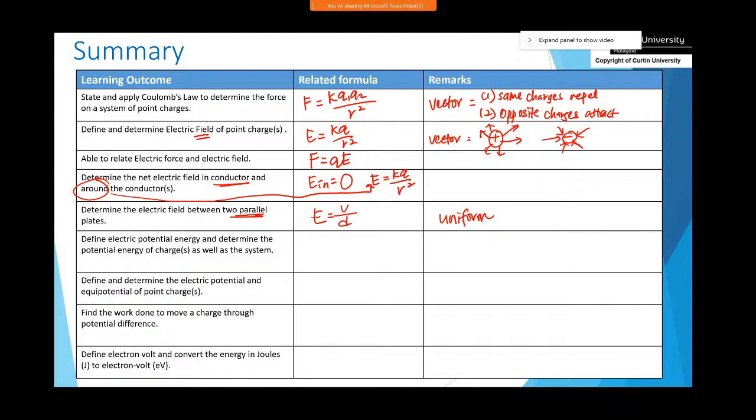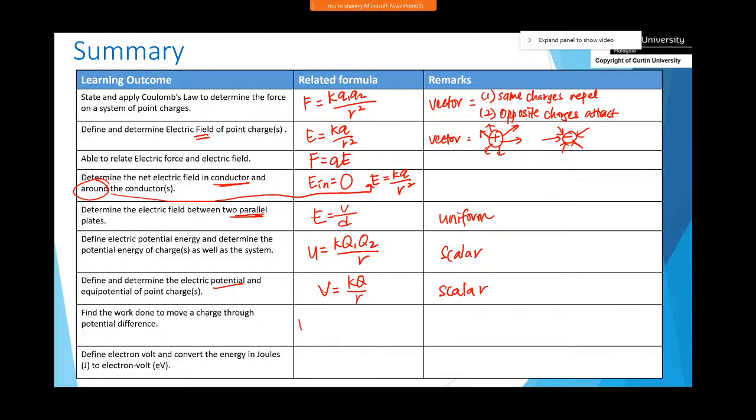Potential energy is given by kQ1Q2 over r, so this is a scalar quantity. Potential is kQ over r only, and is also a scalar quantity.